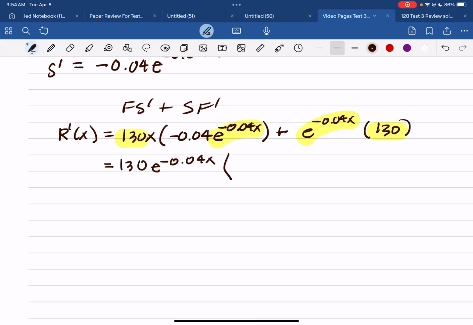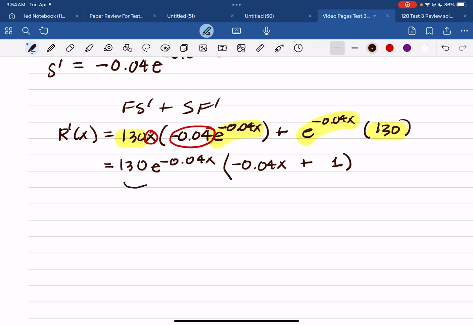This first one has an x remaining and a negative 0.04, so negative 0.04x, plus, and when the entire thing factors out, I need a 1, because e to the negative 0.04x divided by itself is 1.